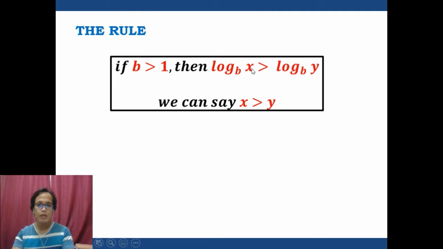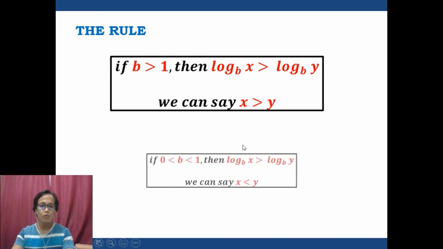We need to remember that x and y have restrictions: x should always be greater than 0, the same as with y. We will have examples on how to do the restrictions later. Again, if the base is greater than 1, the sign is not changed.